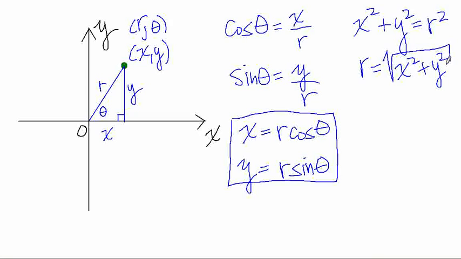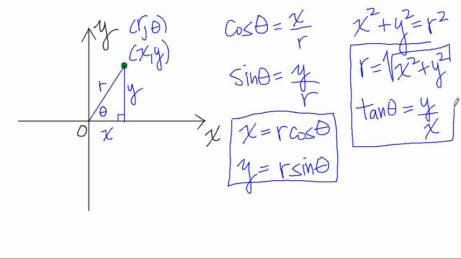And furthermore, we can describe the tangent of theta in terms of the lengths of the sides of the triangle, and that'll give us y over x. Okay, so from that we can determine what theta is in terms of x and y. So that's how we go from rectangular coordinates to polar coordinates.